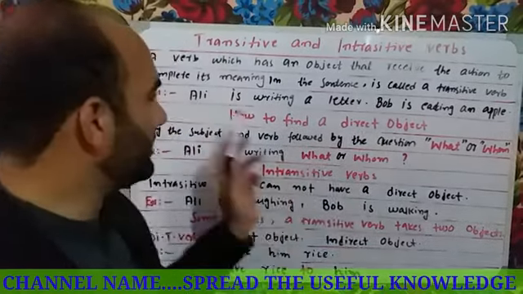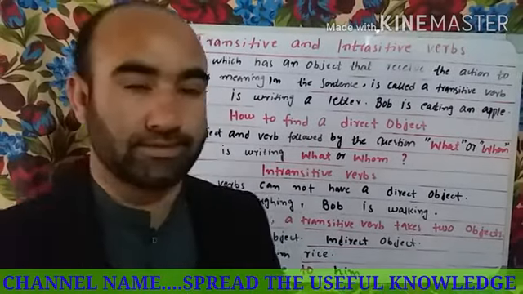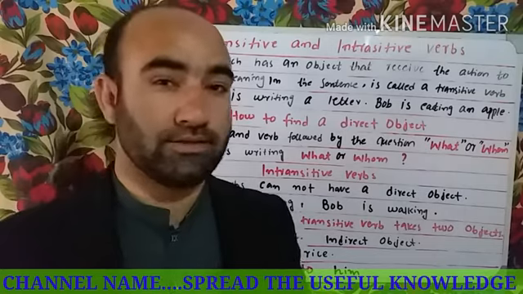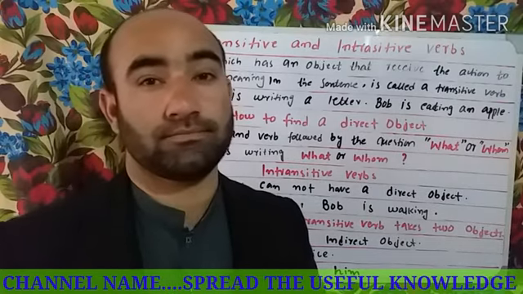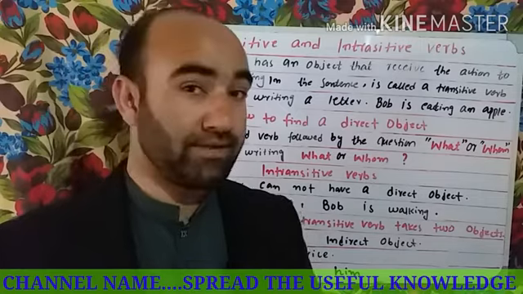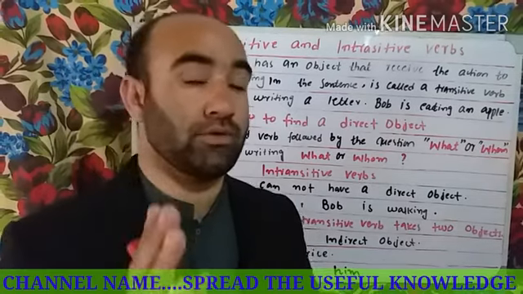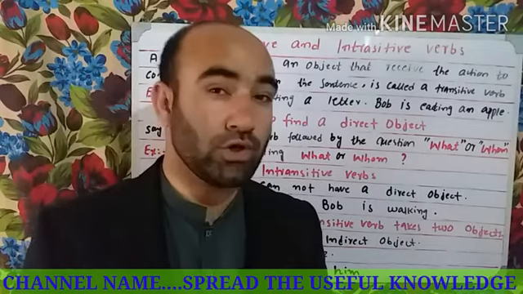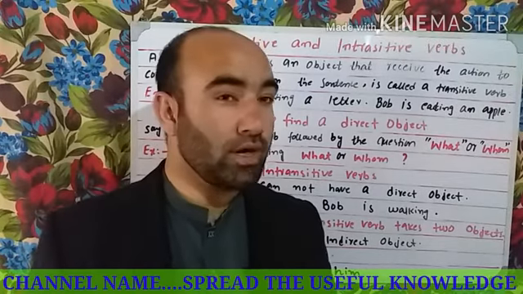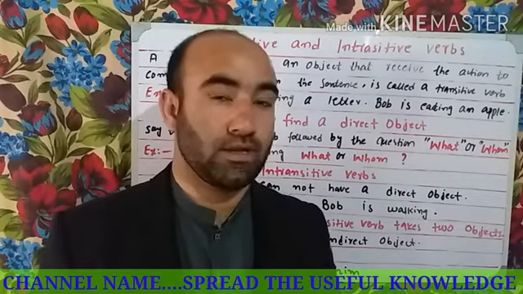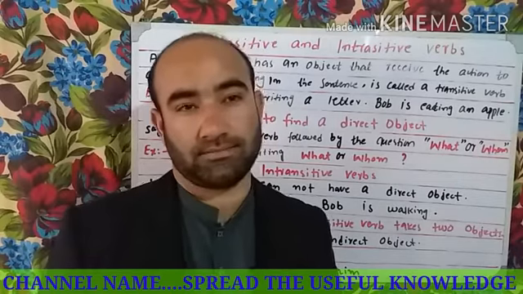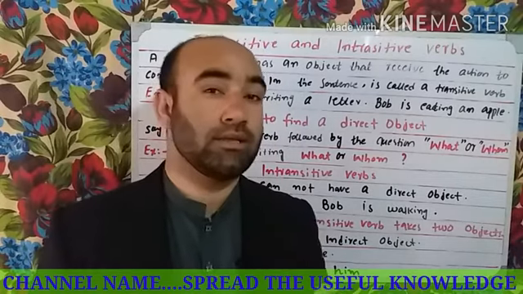For example, Ali is writing. Now the question will arise, the doubt will arise, the ambiguity will arise in your mind. What are you talking about? What or to whom is he writing? What is Ali writing?